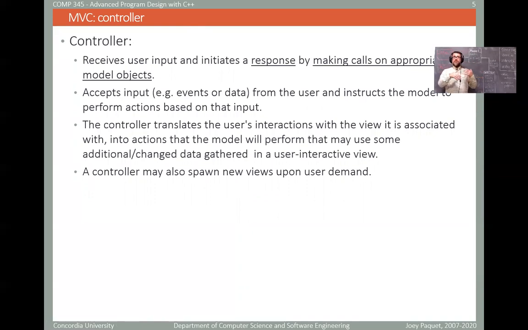Then it would translate this event into a method being called in a model object that will initiate an action, the meaning of this action. So somehow the controller is some kind of translator. It directs what the user can do. And when the user initiates an action, it translates this action into a call to a certain method in the model.